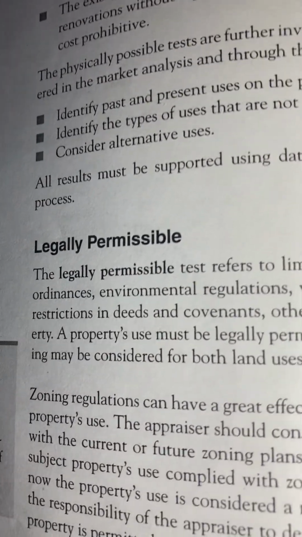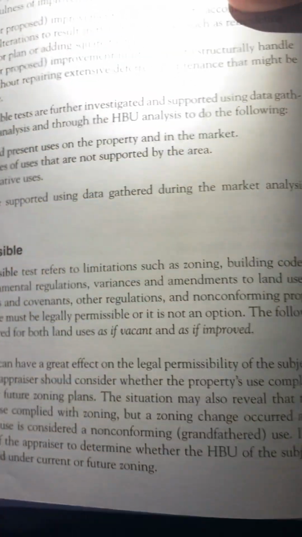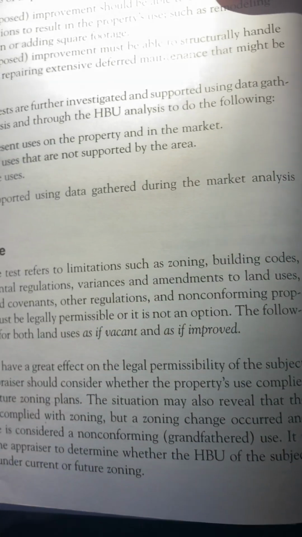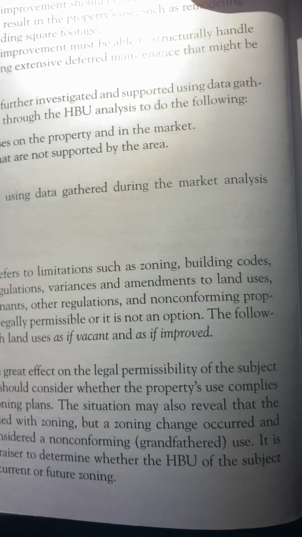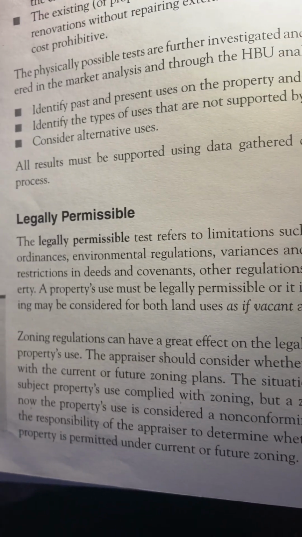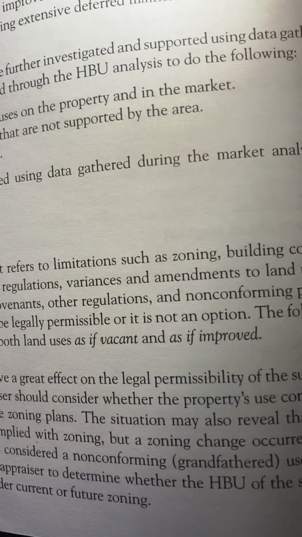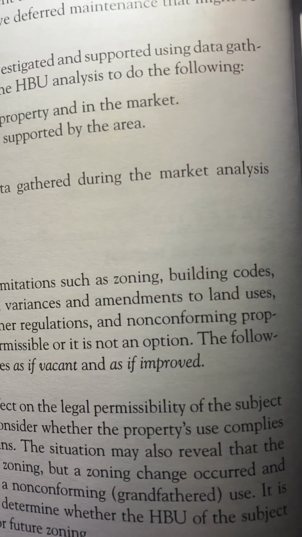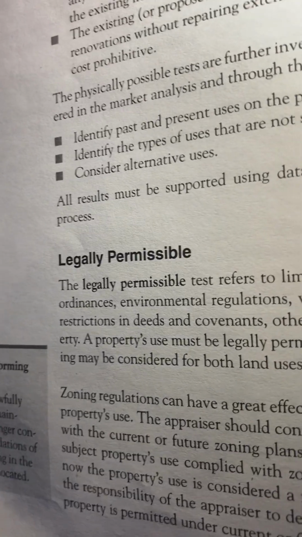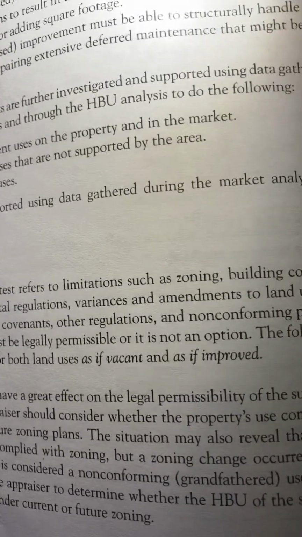Legally permissible. The legally permissible test refers to limitations such as zoning, building codes, ordinances, environmental regulations, variances, and amendments to land uses, restrictions in deeds and covenants, other regulations, and non-conforming property.